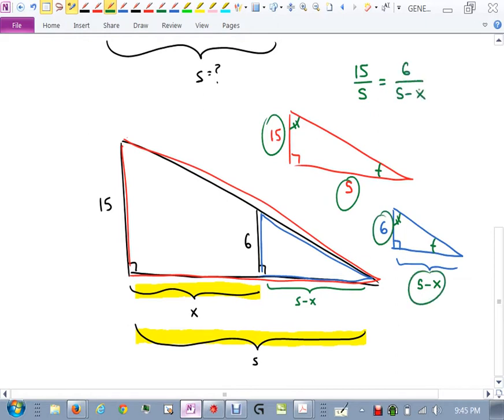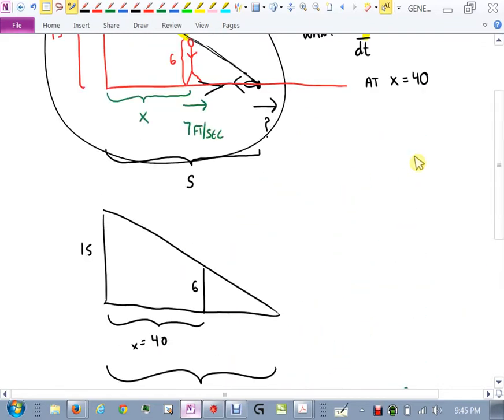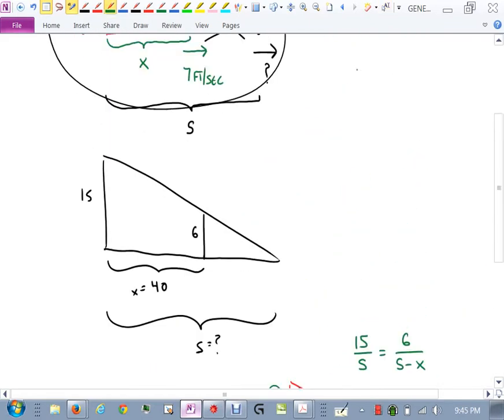And now what I have is an equation that has S in it and X, and that's what I was looking for. So I'm going to work with that equation. It was 15 over S is 6 over S minus X. Now I'm not going to start differentiating yet. I'm going to try and clean this up a little bit.